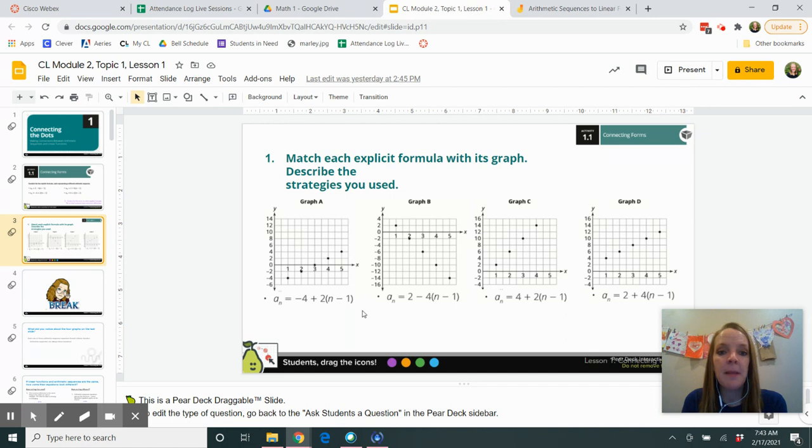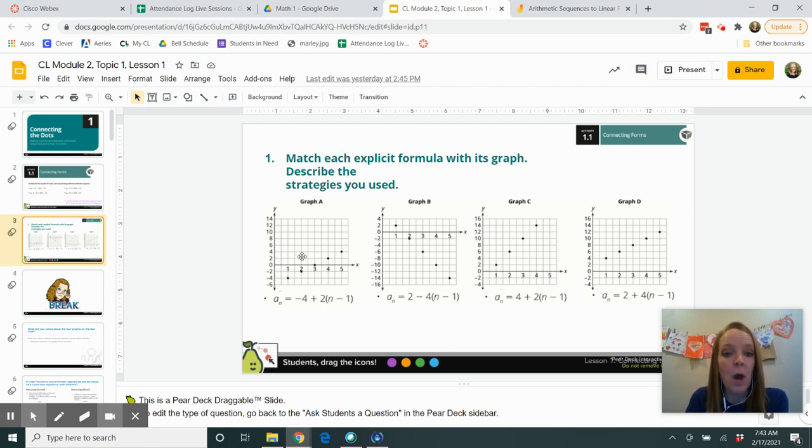Okay, and then the +2, what does that mean? It means we're going to take -4 and we're going to add 2 to get the next term. So when we add 2 to -4, we get -2. Okay, so what does that mean? That means it's going to go on our y-axis.